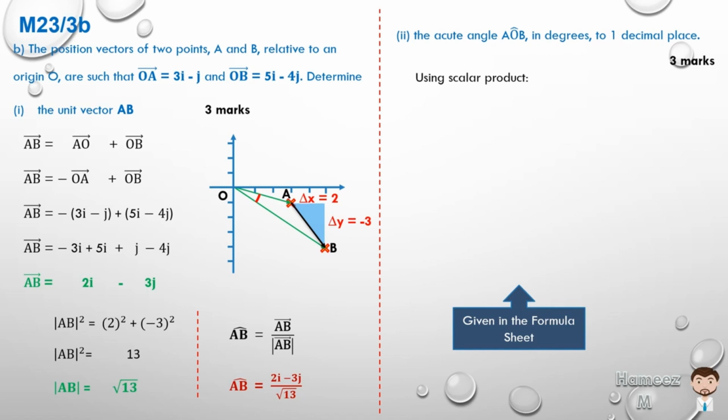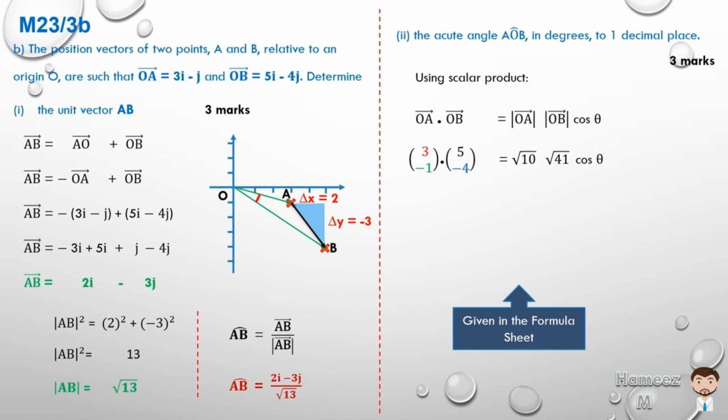We already have OA and OB, so let's use that. So OA dot OB, meaning the scalar product, is equal to the length of OA times the length of OB times cos theta. And we can substitute accordingly. So that will give us 3 minus 1, because we know OA is 3i minus j.